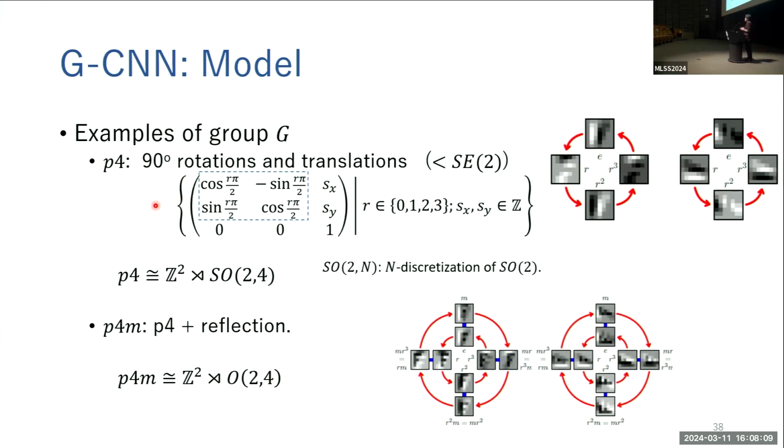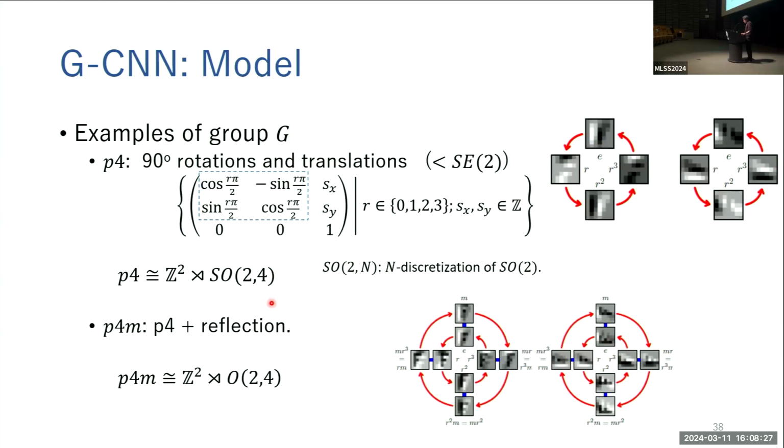So this is a subgroup of SE2, the two-dimensional Euclidean motion. But the rotation part simply consists of 4 elements: 90, 180, and 270 degrees, and the 0-degree rotation.